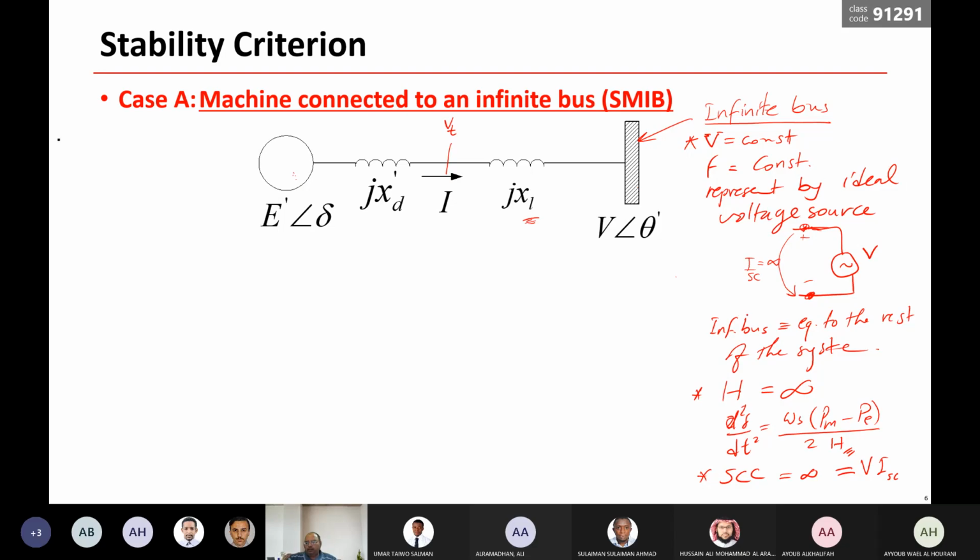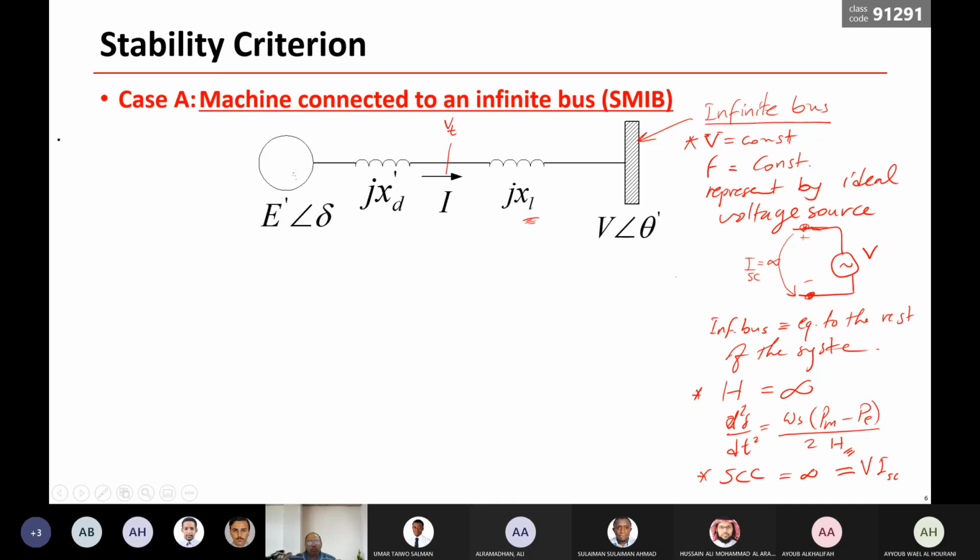I short circuit equals infinity, and therefore short circuit capacity equals infinity. Infinite short circuit capacity means that the system is very strong at this point. Whatever you connect as a load, remove a load, or whatever disturbance you do, the voltage is constant and hasn't been affected by any disturbance.